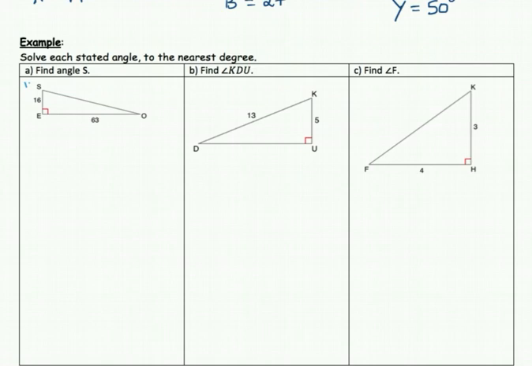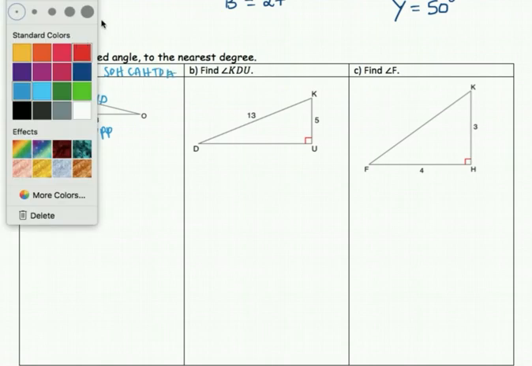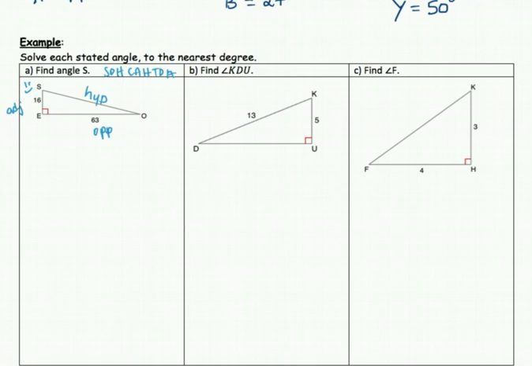Just draw a little happy face here. Look, this is the opposite side, that's the hypotenuse, and this is the adjacent side. If we're doing our SOH CAH TOA, you could do a little checklist here. What do we have?